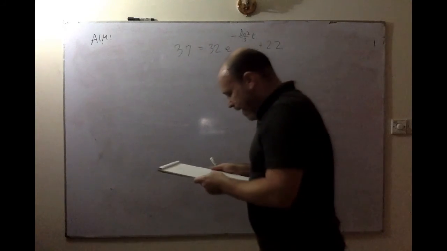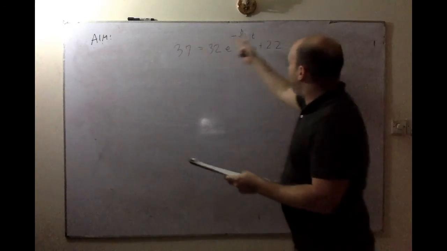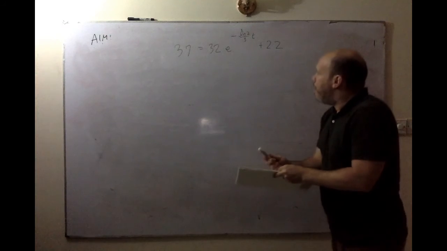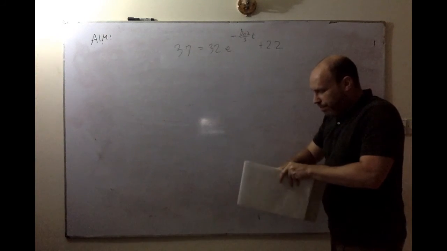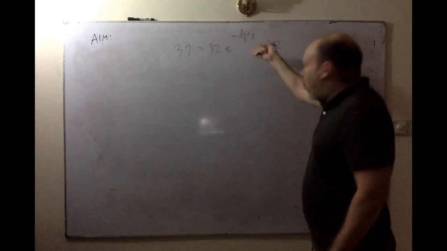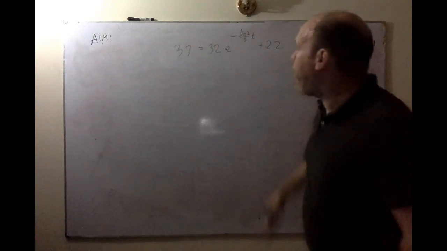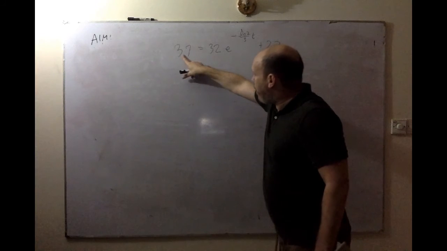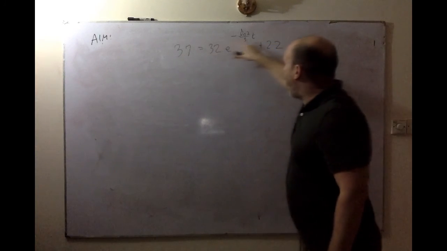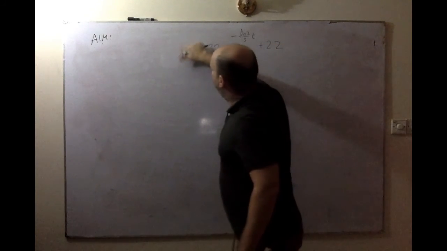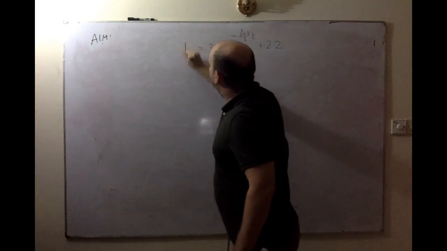What does this equation represent? This represents the cooling. We're told that the body, when we found it, was 37 degrees, and we want to know when we found it. But let me take the 37 out for a second, and let me put a big T here.